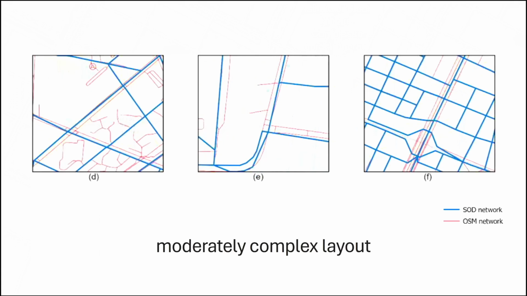The next level is a more complex layout, and usually it works again, but we can already see two places where the algorithm failed. For example, in this curve, instead of one center line, we still have two polylines. In figure F, we can see this intersection.